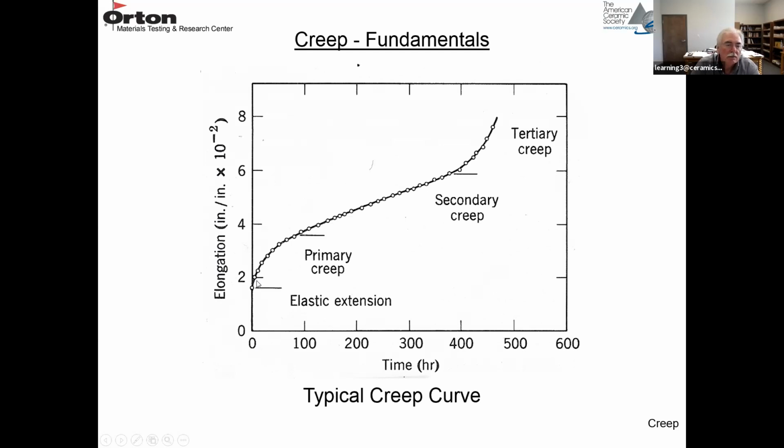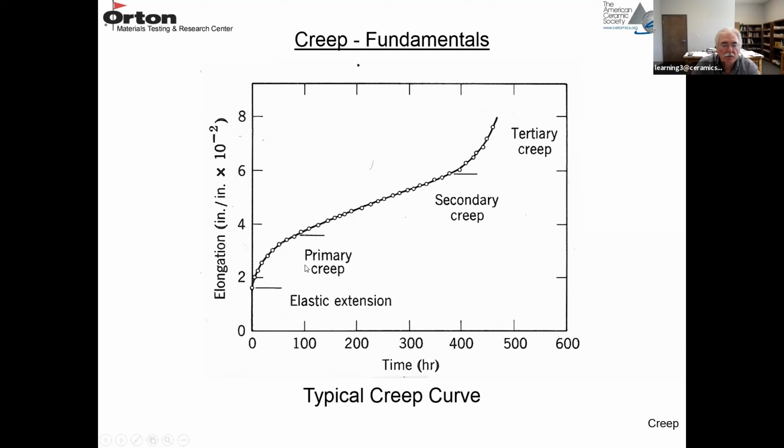There are 3 regions of the creep curve. There's actually a beginning region here that's an elastic extension that's not really part of creep, but when you load a sample and apply the load for the creep curve, you're going to have an elastic extension, and then you're going to start the 3 regions of creep.